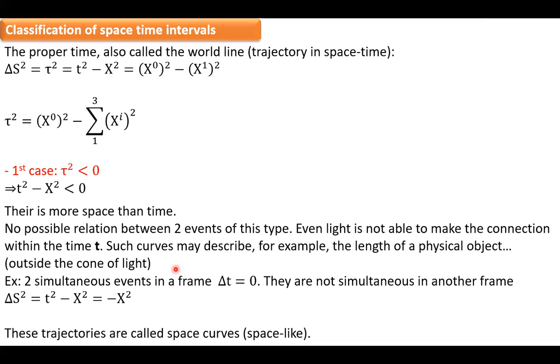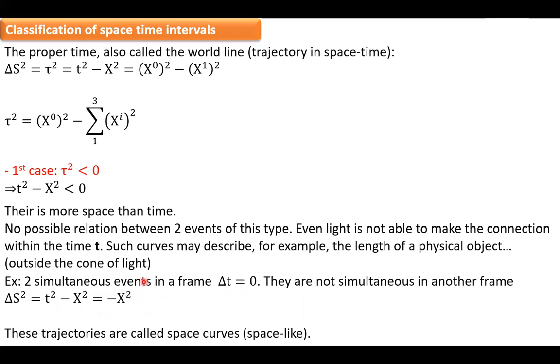So when you see points outside of the cone, it means that you cannot connect these points within the time t. For example, 2 simultaneous events in a frame. If they are simultaneous, delta t is equal to 0, so delta x squared is just minus x squared, which is a negative quantity.